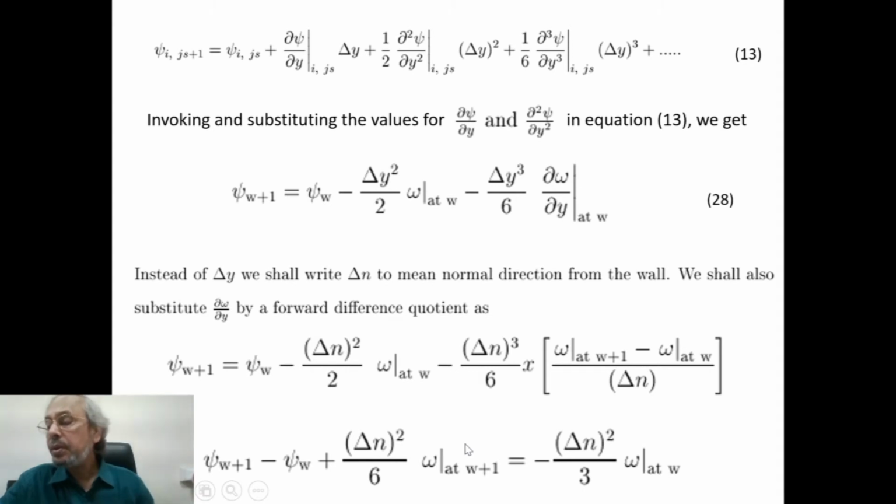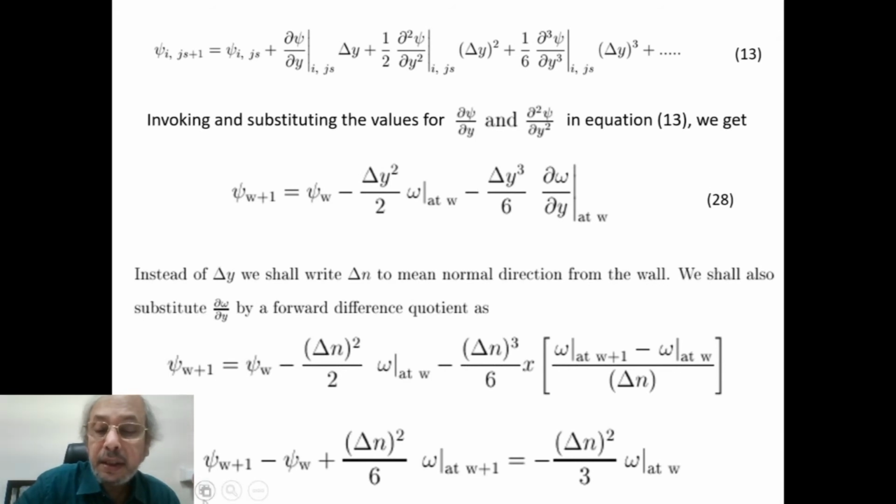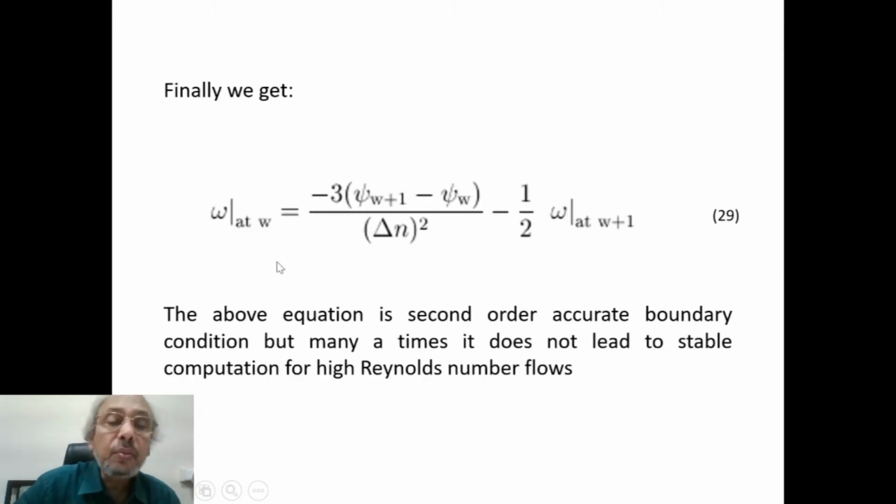There was no need of over explaining it, but you can understand it quite clearly. Now from there we can write omega at the wall, we can get an explicit expression. So omega at the wall equals minus 3 times psi at the near wall point minus psi at the wall, over delta n square, minus half omega at the near wall point.